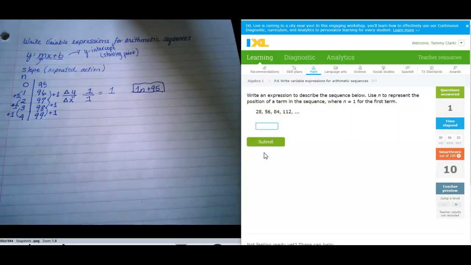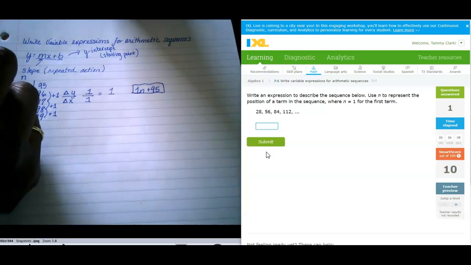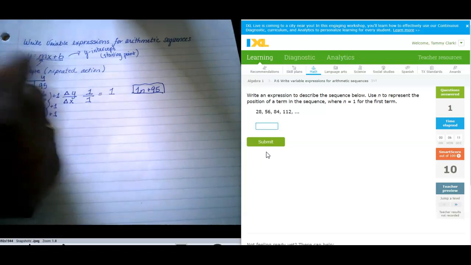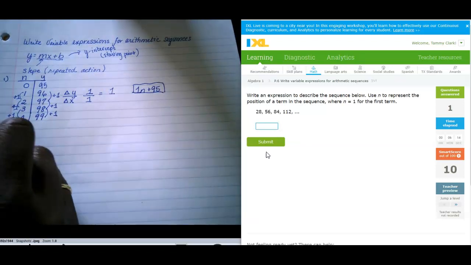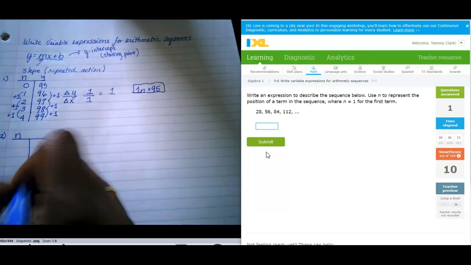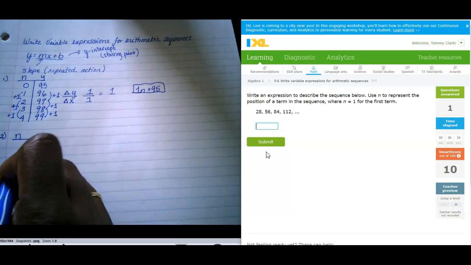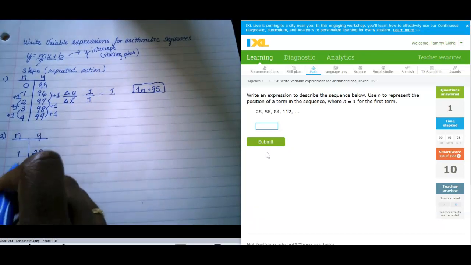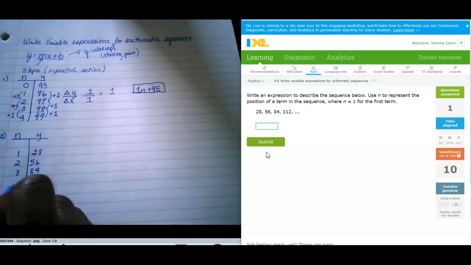Let's look at number 2. That was number 1. Number 2, we have 1 is 28, 2 is 56, 3 is 84, and 4 is 112.